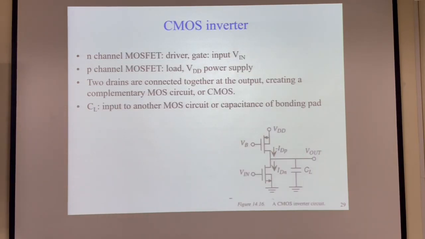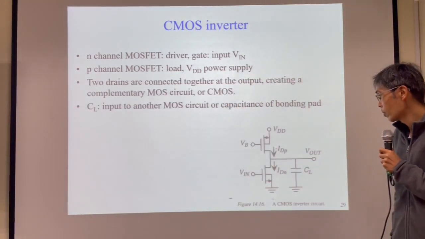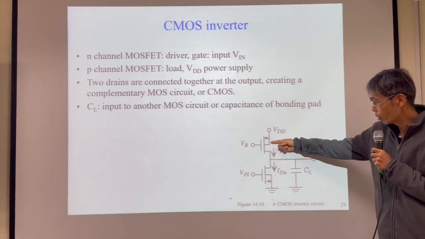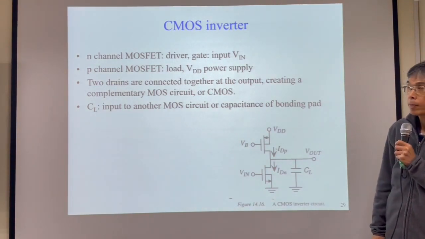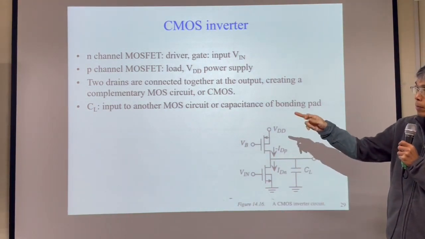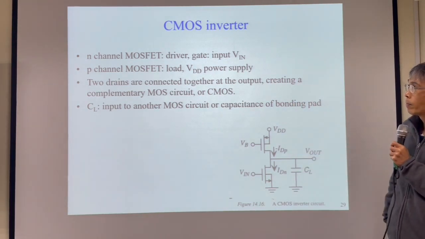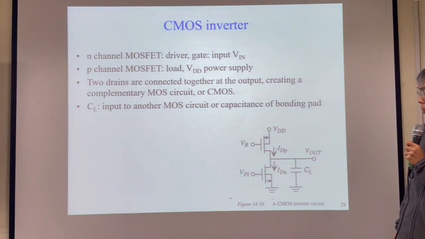CMOS inverter. So we have a PMOS and NMOS. And PMOS plus NMOS, we create an inverter. So, okay. Kumil, could you read the first one? N-channel MOSFET driver, gate input VIN.